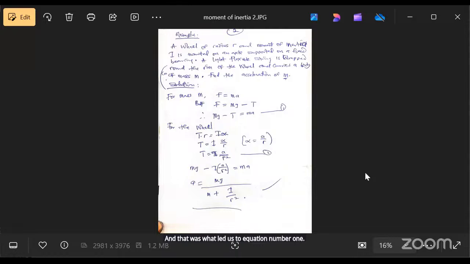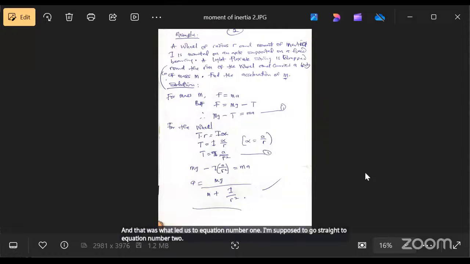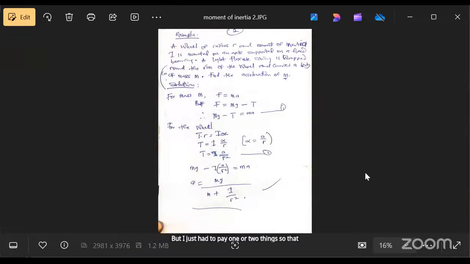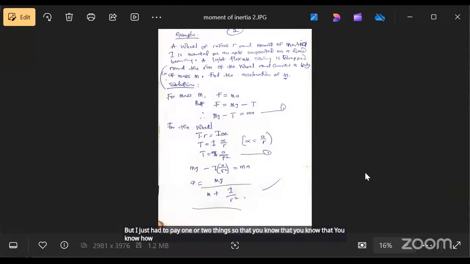Then I'm supposed to go straight to equation number 2, but I just have to pick one or two things so that you know how those things are derived. When you want to read about derivation, you can relate.